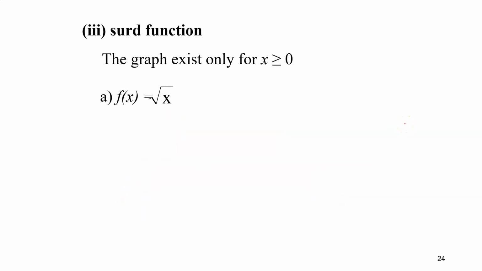And then the third one will have surd function. So surd means kuasa, punca kuasa. The graph exists only for x greater than or equal to 0. Kenapa? Dia kata graph ni cuma wujud untuk x lebih besar atau sama dengan 0. Because surd, we won't have any value for surd negative. Surd tidak boleh negatif. Dia sekurang-kurangnya kena 0. So for function surd x, you will have a graph like this.